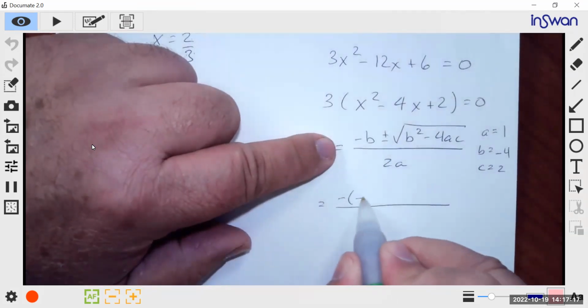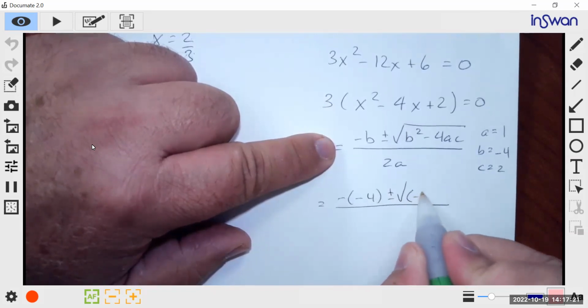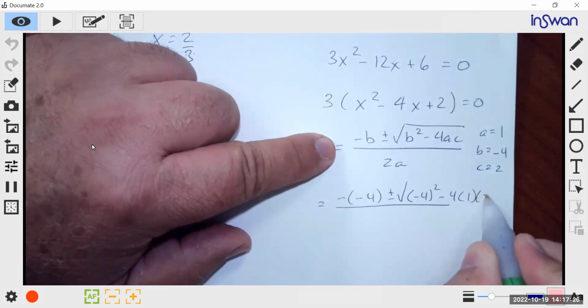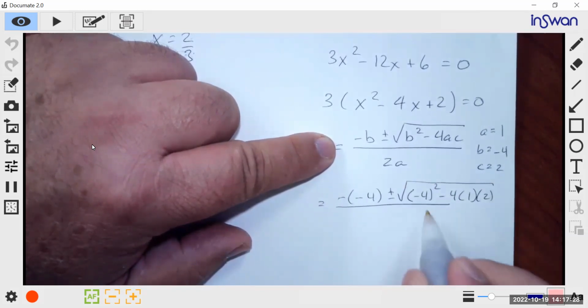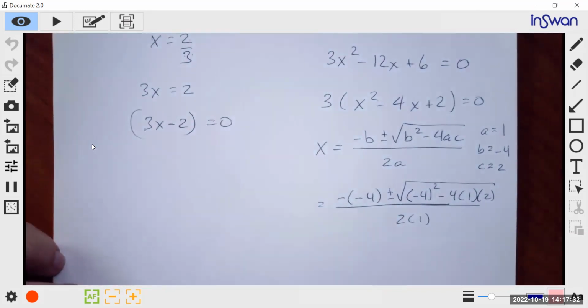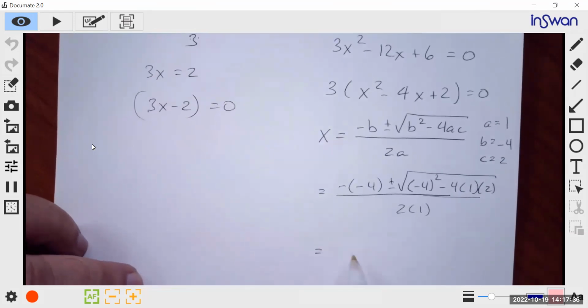So negative of negative 4. Negative 4 squared. 4 times 1 times 2. 2 times 1. Negative is a positive.